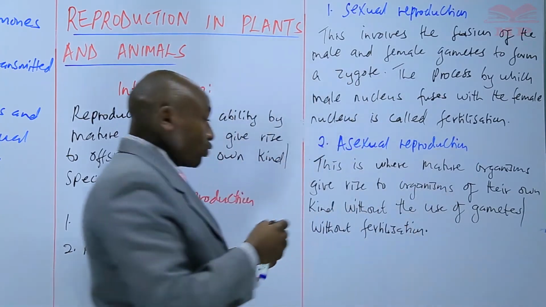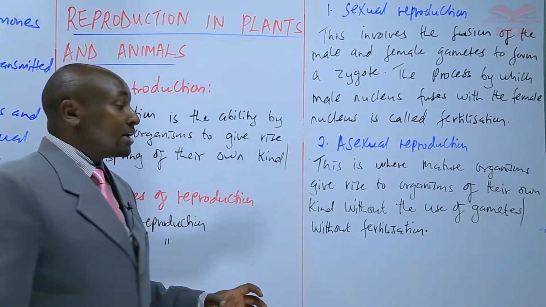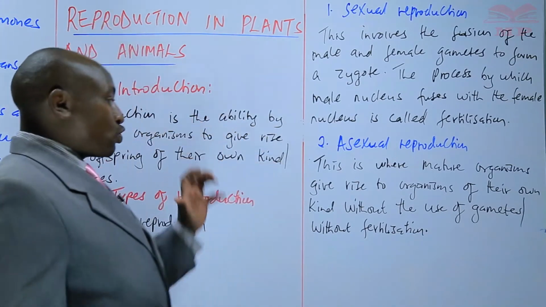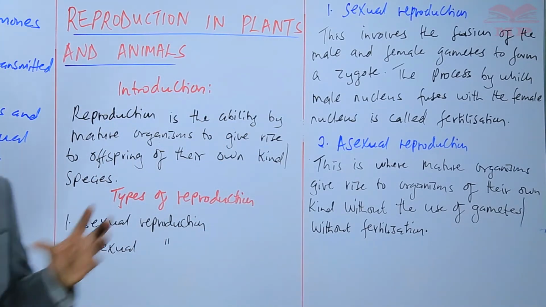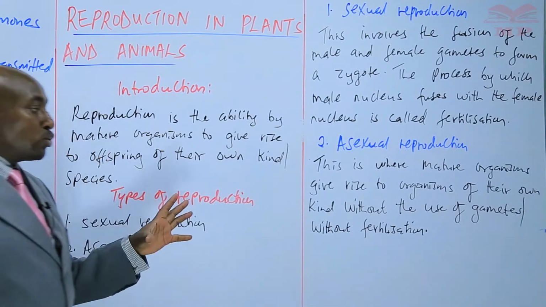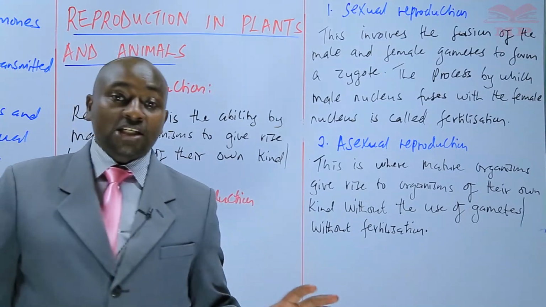We shall later look at the different modes of asexual reproduction in different organisms. But basically it is where a mature organism will give rise to another organism of its own kind, but without the use of gametes or any fertilization involved.